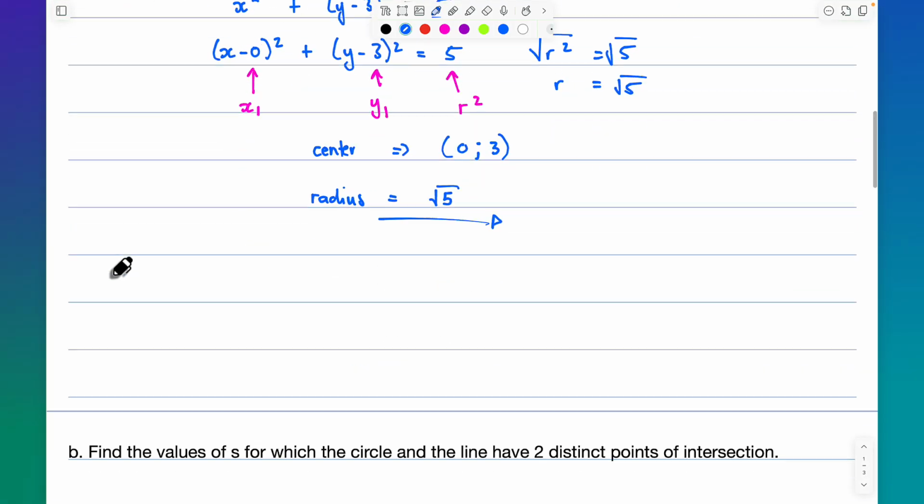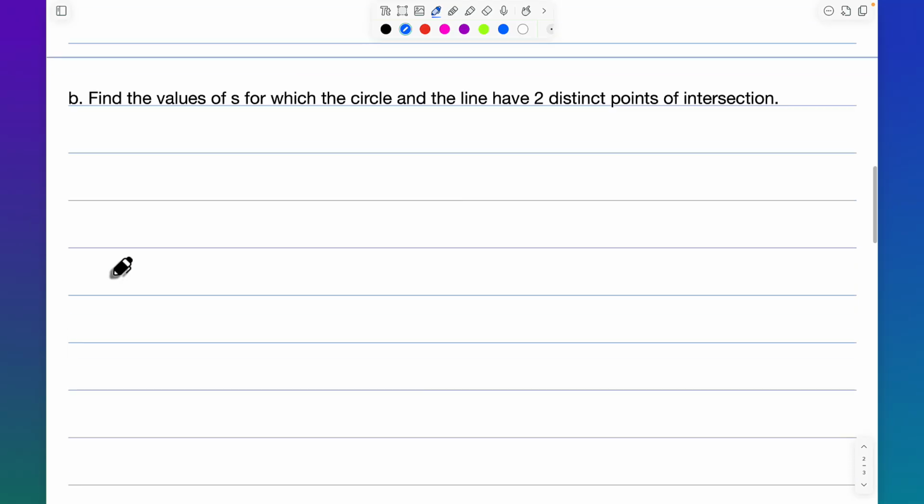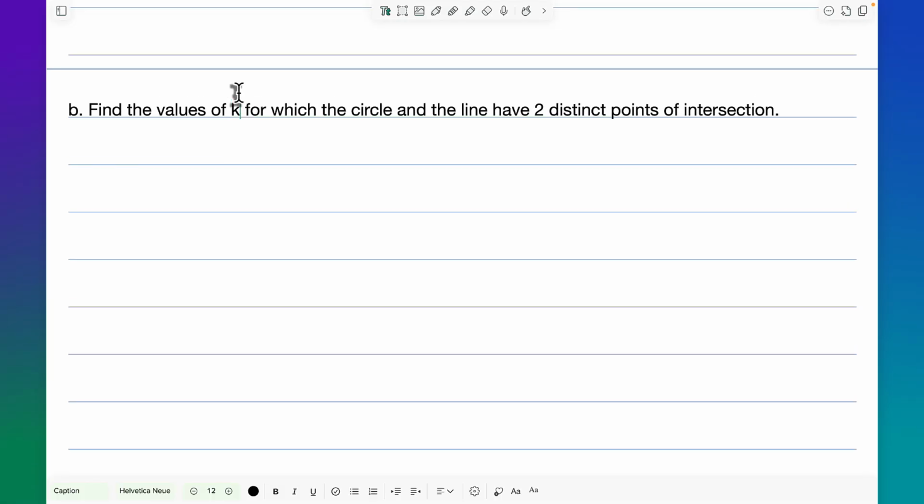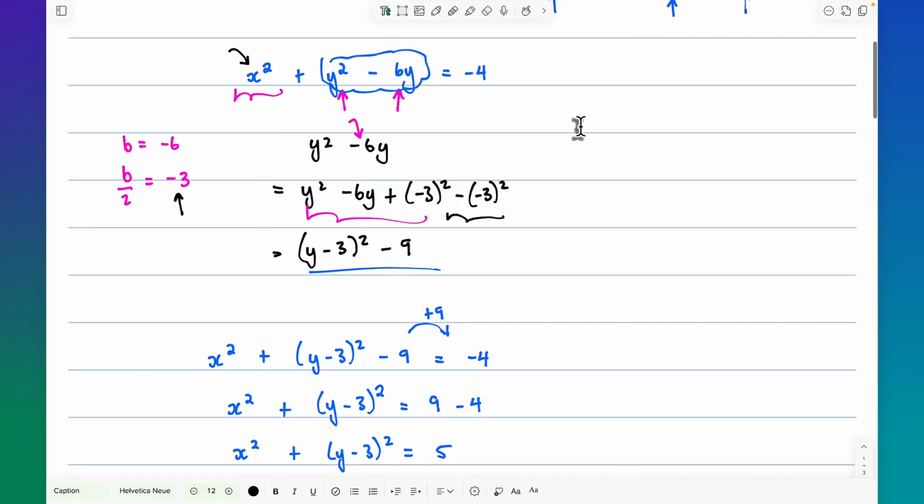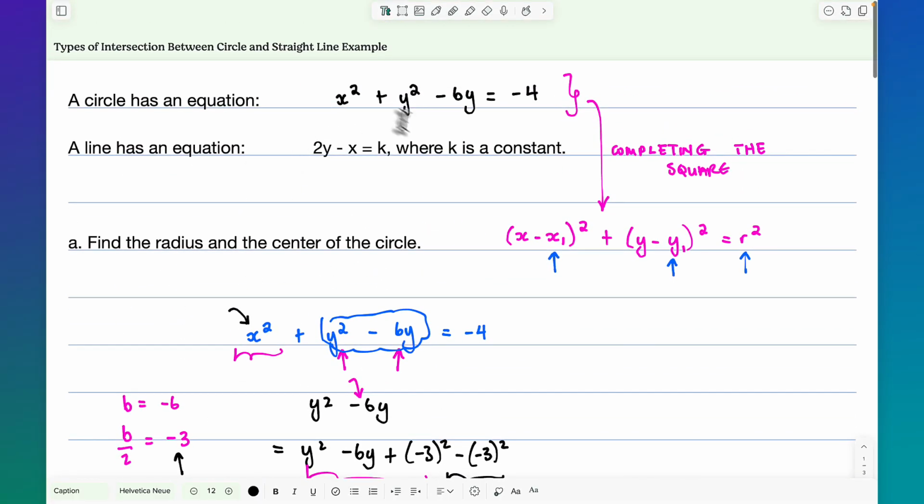Okay, the second question says, find the values of s. This is not supposed to be s. This is supposed to be values of k, for which the circle and the line have two distinct points of intersection, right? So what we're going to do is rewrite this expression.